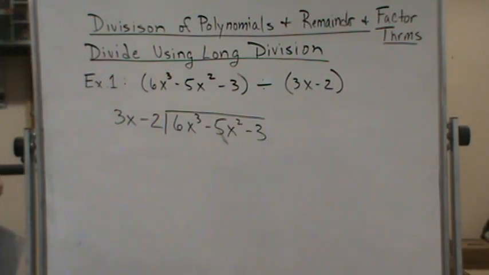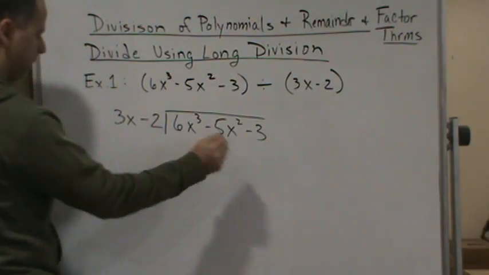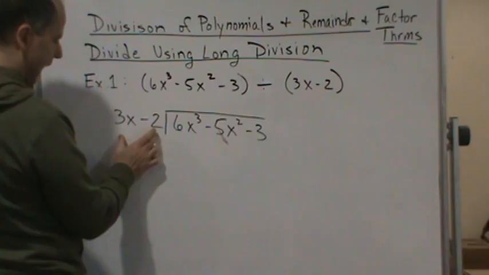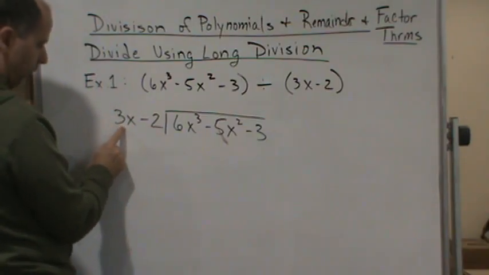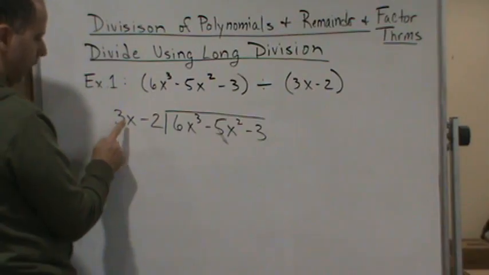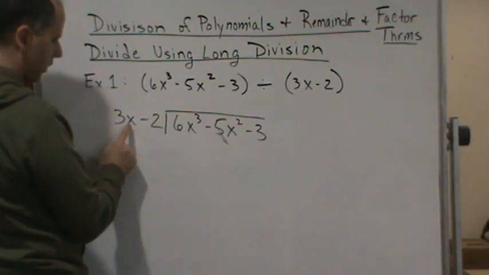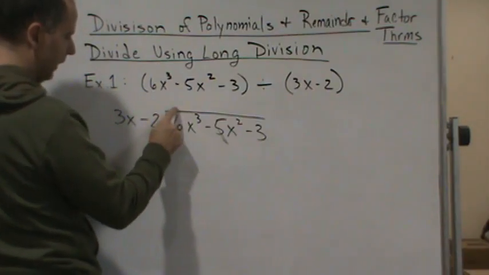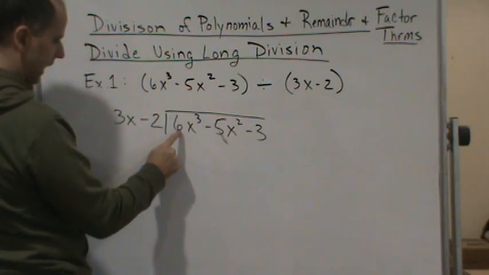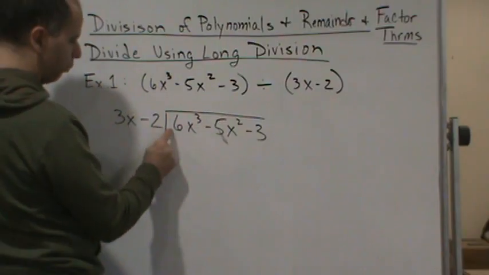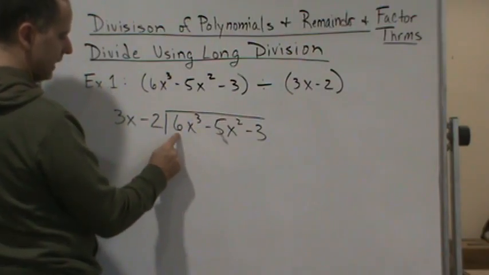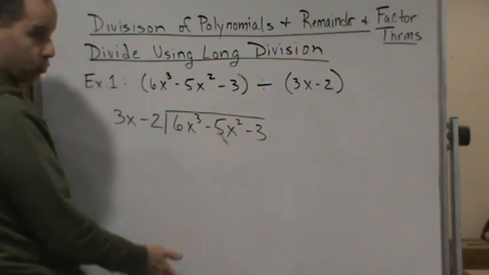Now, the way we do this is in steps. The first step is we focus on the first term here, and we want to know, what do I need to multiply by up here in order to get 6x cubed? Because what we want to do is get rid of this 6x cubed. We want to subtract, right?